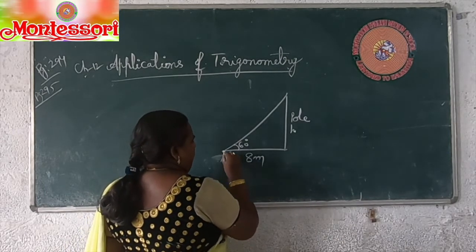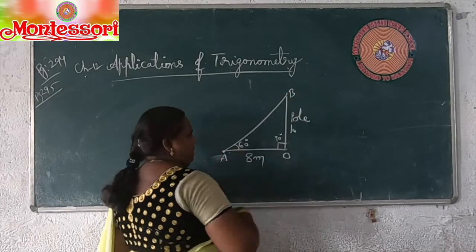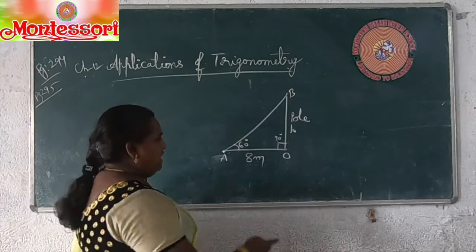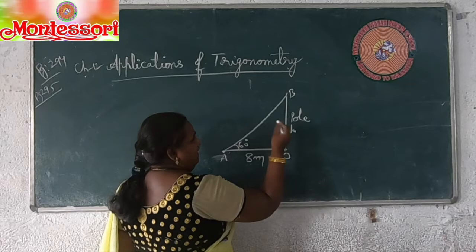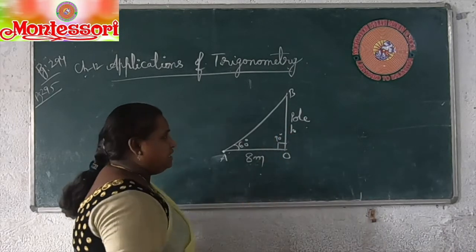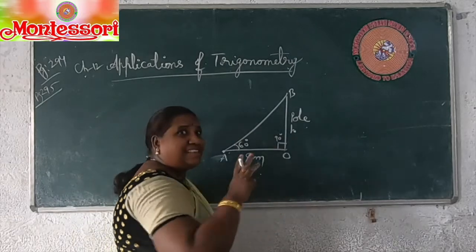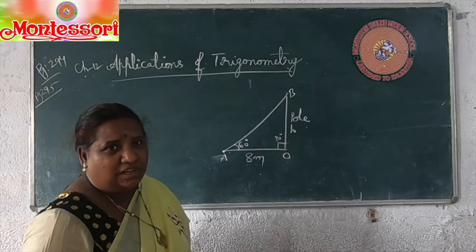Simply you can mark A, O, P, and clear both values. The side opposite to the 60 degrees is called the opposite side, and then the adjacent side. If you want opposite by adjacent, that is called tan. So we have to find tan theta to solve this sum.